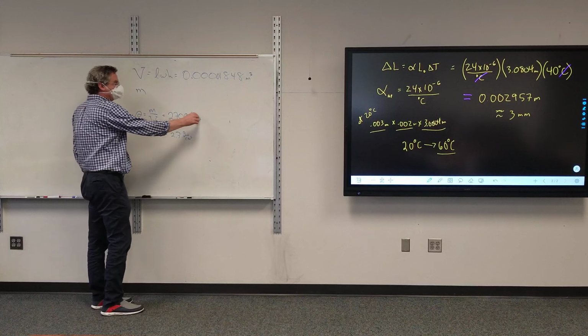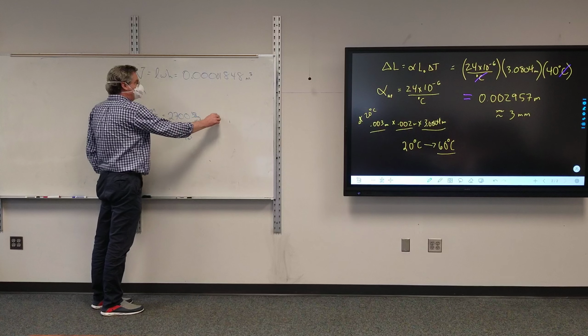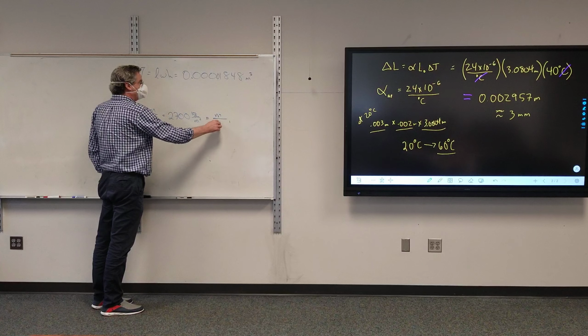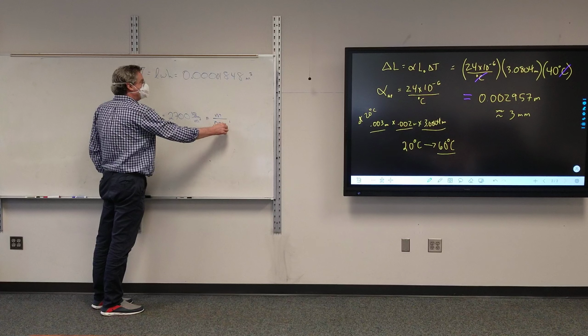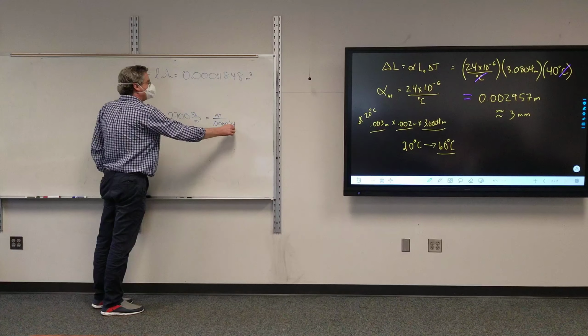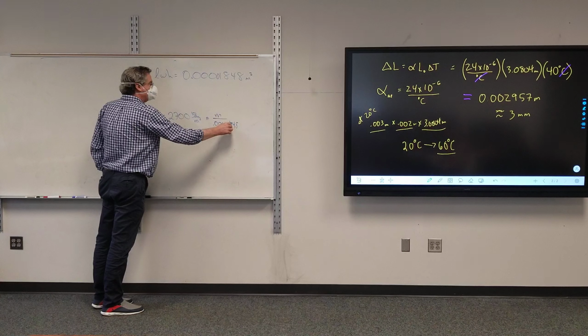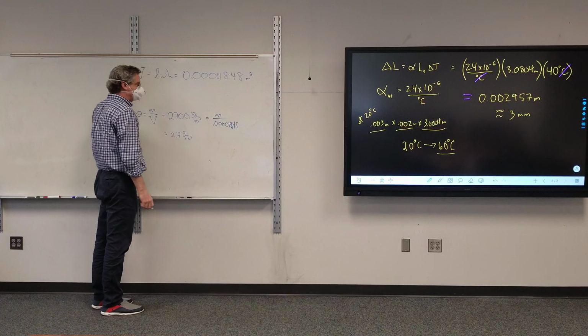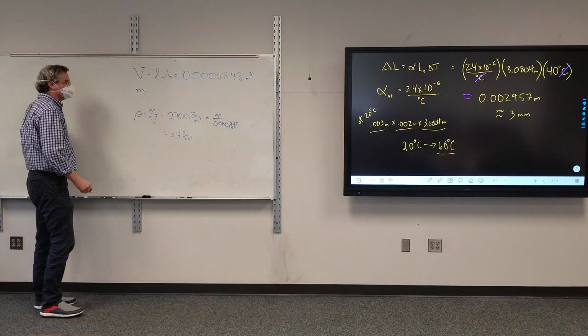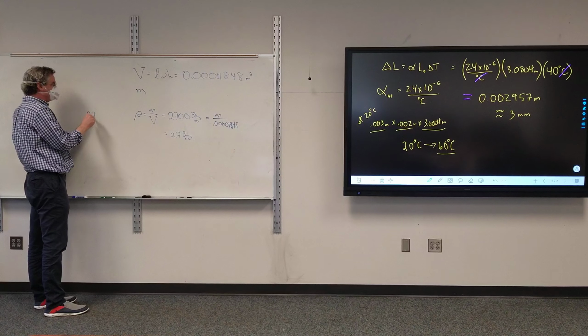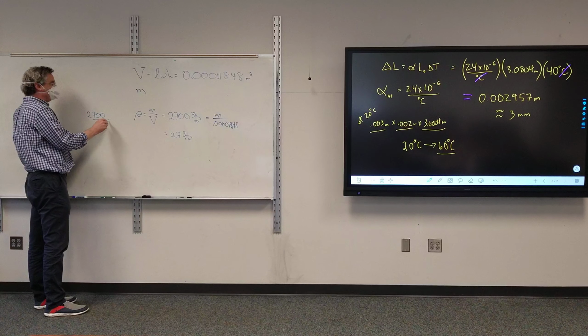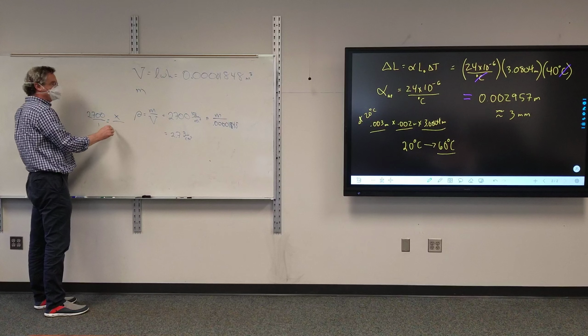All right, so that is going to be equal to my mass divided by my volume of 0.0001848. So my math problem is 2,700 over 1 is equal to x over 0.0001848.